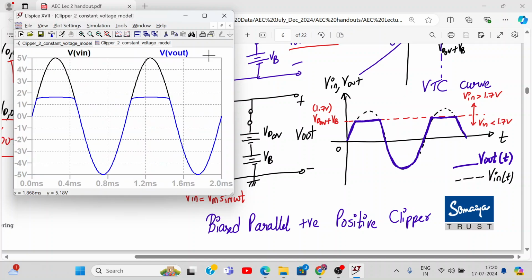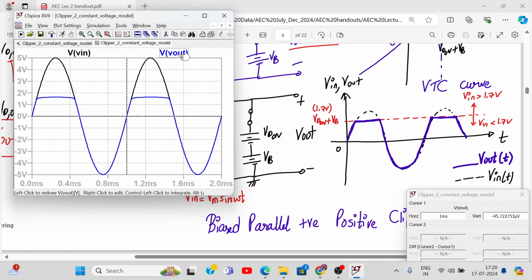See this, exactly the same as this. So here it will be VB1 plus this volt. So this is 0. As you can see, it's clipping the level. Remember, input is considered 5 volt here, so that's why this level difference is there. Don't worry about it. So this will be around 1.67. See, close to 1.7, what we have discussed. Okay. And the negative half cycle, it's following everything.